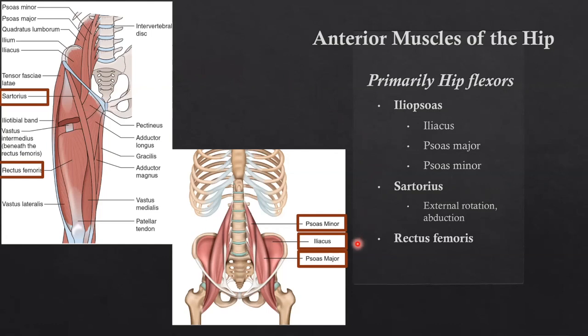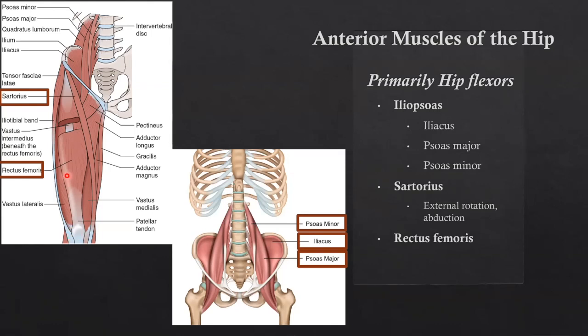And our last major muscle that we're talking about on the anterior compartment would be the rectus femoris, right? So our rectus femoris crosses the hip joint, and it actually originates on the anterior inferior iliac spine, and it attaches along with the rest of the quadriceps muscles to the tibial tuberosity via the patella ligament.